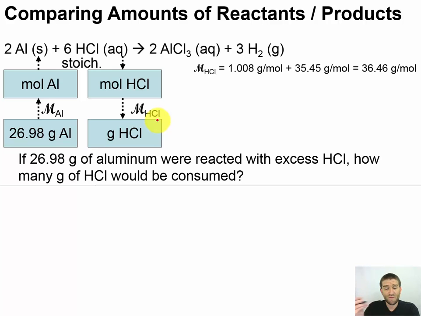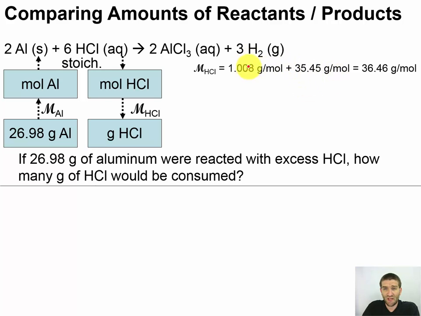Now for that, first thing we're going to need is to get our conversion factors figured out. Now we have our molar mass of aluminum, which we can just get from the periodic table, and that will be 26.98 grams per mole. However, for HCl, what we have to do is take the mass of hydrogen, the mass of chlorine, we add them together.